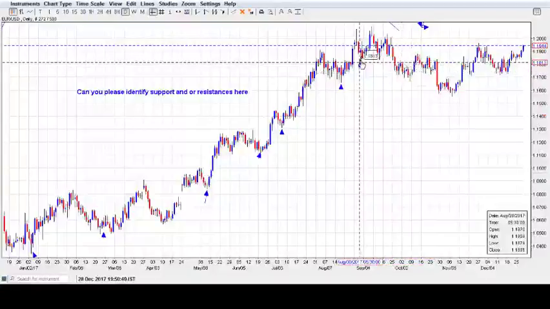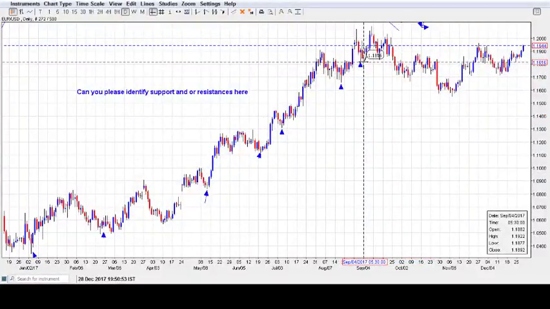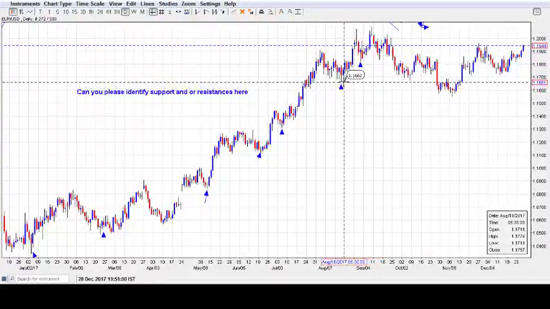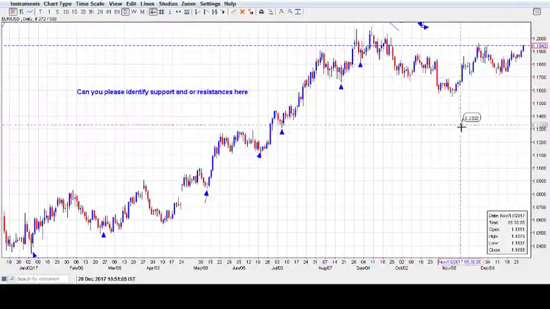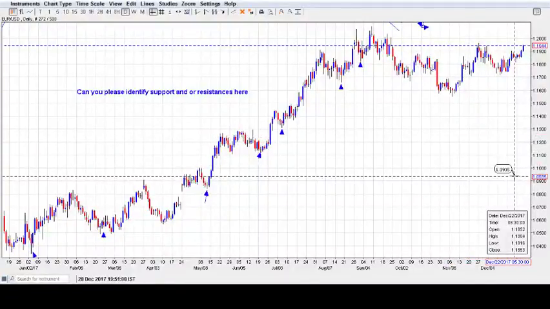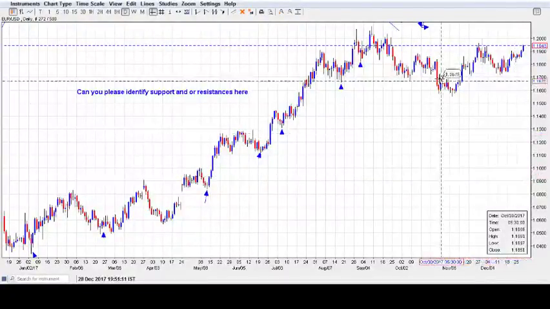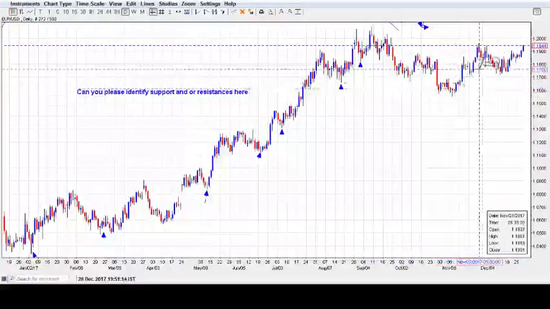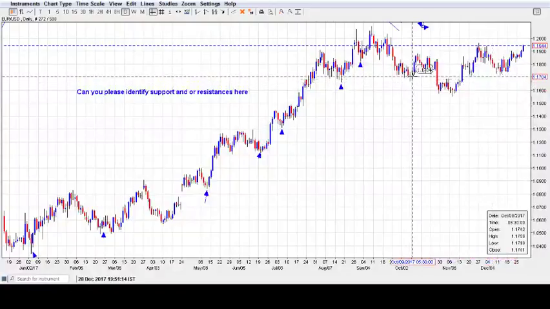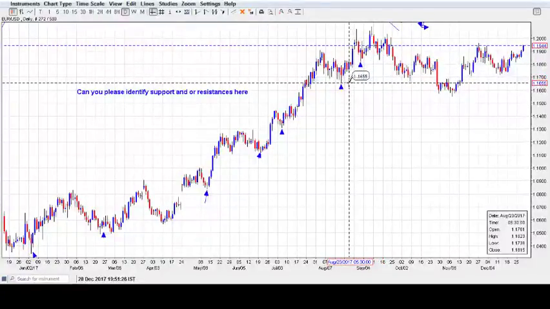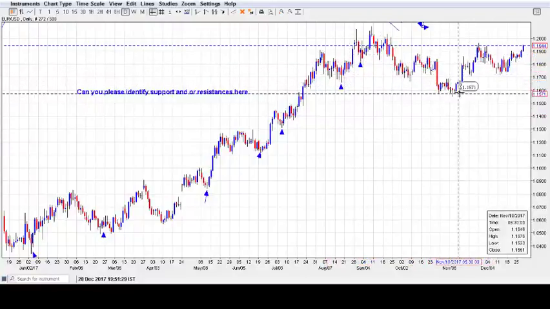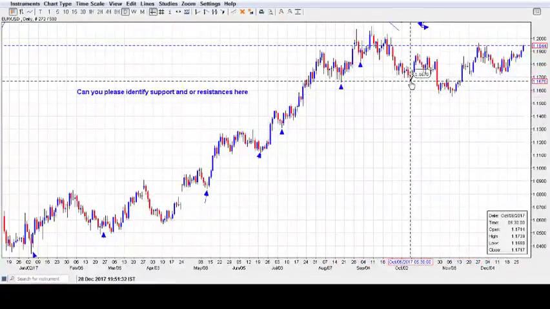Should I start with this point as S1, that is 1.1816, or that one, or these two are not valid right now? What is your perception? What is the truth? If you look at the price action on the right hand side, it is quite clear that both the marked supports at 1816 and 1655 have been broken already by the bears.